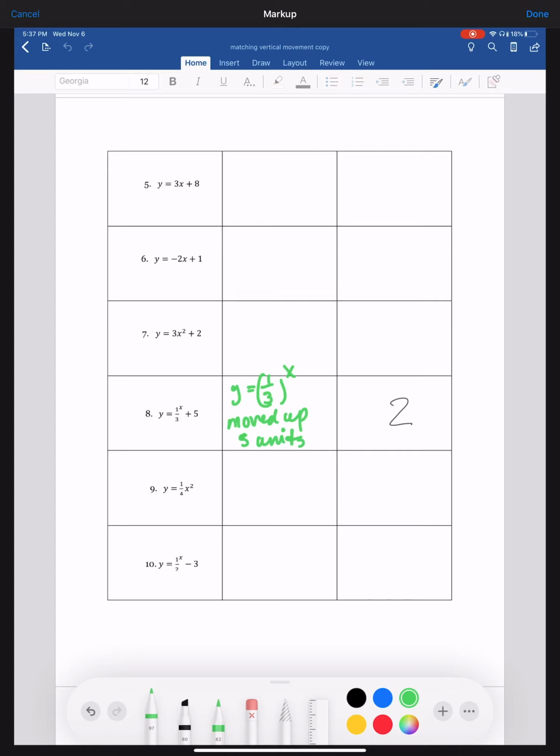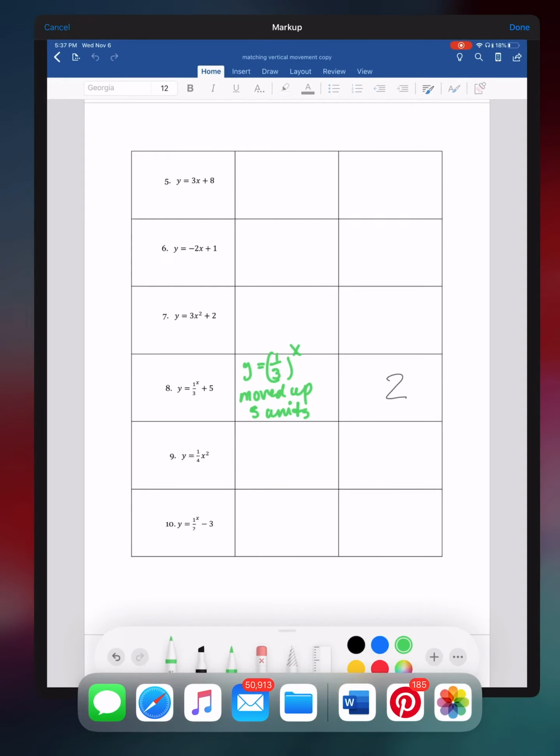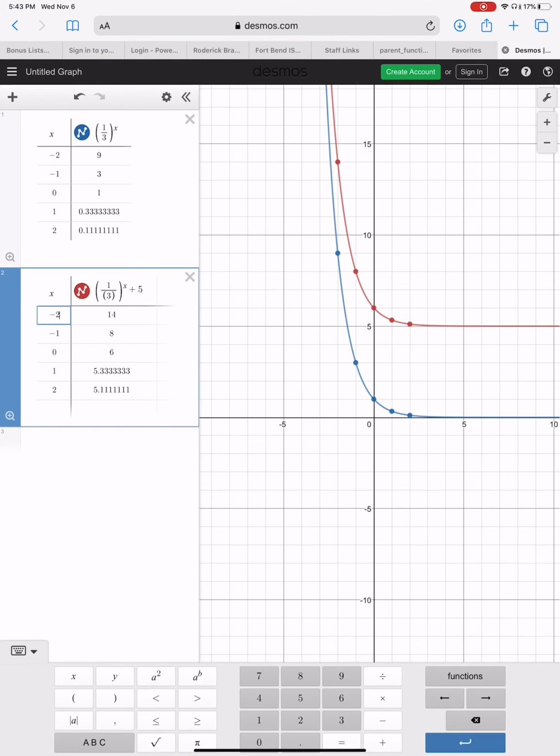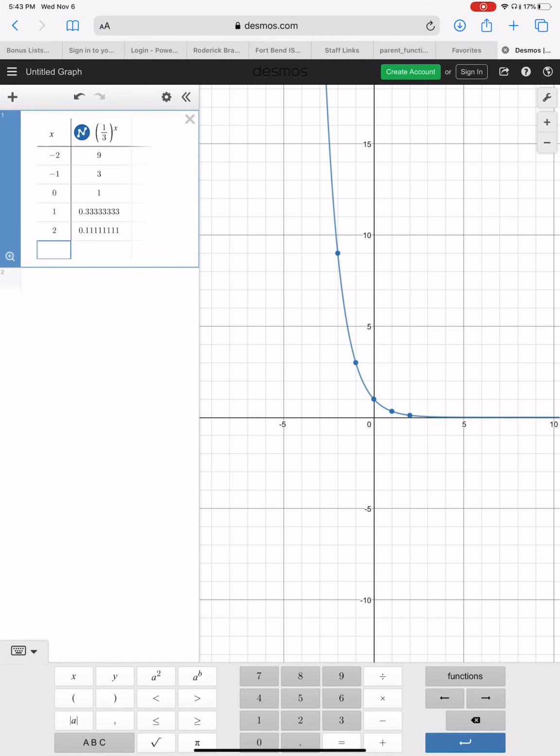Let's look at a linear one. Let's look at number 6. So when I look at number 6, we're going to graph it. So I'm done with these. Let me X those out.